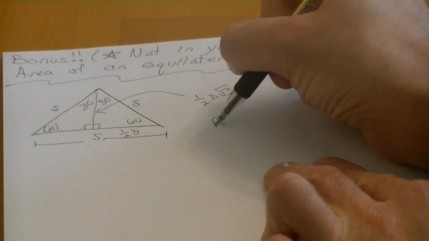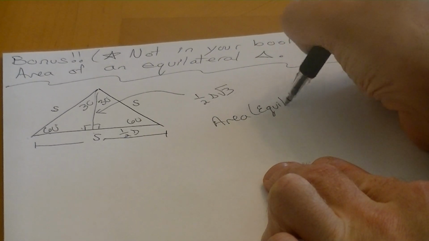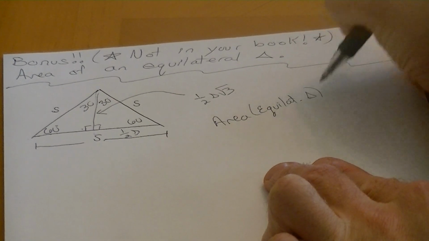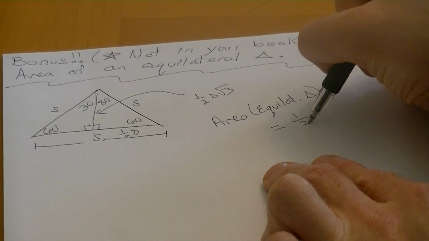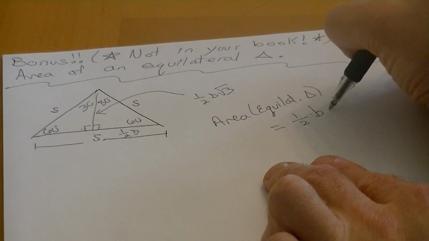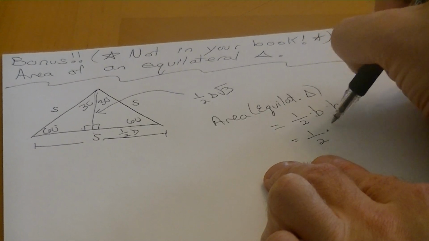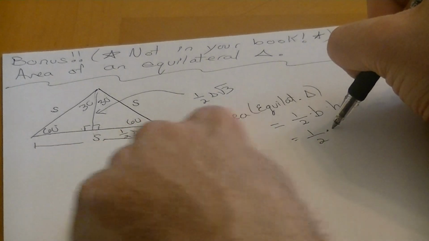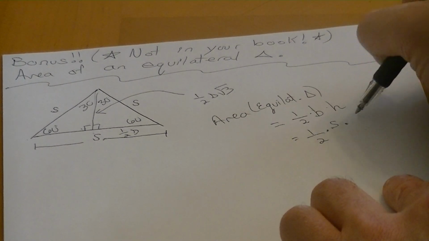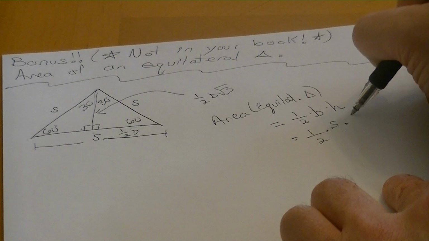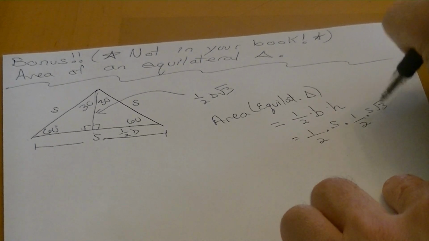And if we put all this together, the area of this equilateral triangle must be, well, we know for starters from the previous video, any triangle is going to be 1/2 base height. But look what happens if we fill in the base, which was s, and we fill in the height, which is 1/2 of s root 3.